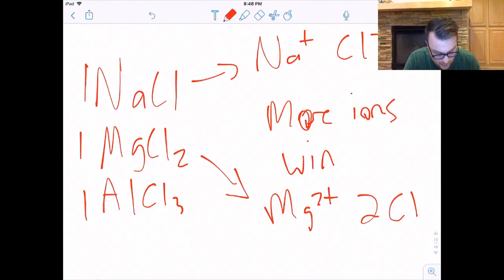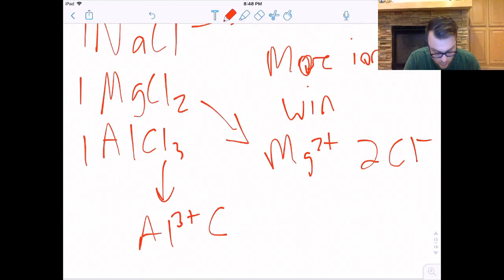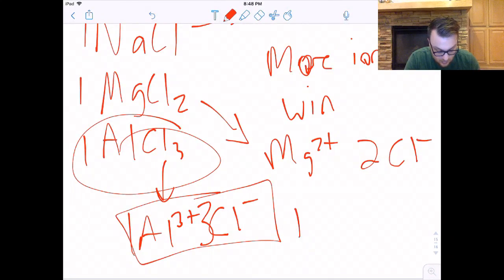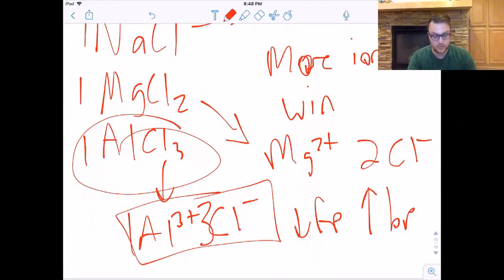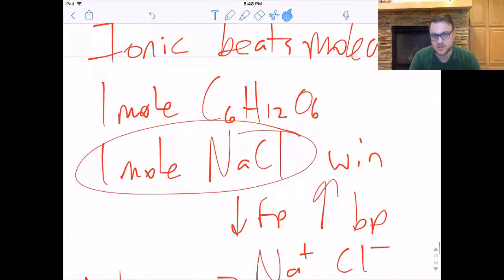Now, some of you might be like, wait a minute, C6H12O6, doesn't that have like 24 ions? C6H12O6 is all nonmetals, which means it has no ions, which means it just stays as C6H12O6 when you dissolve it.